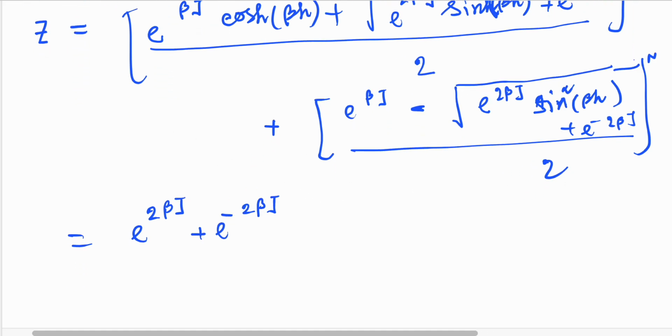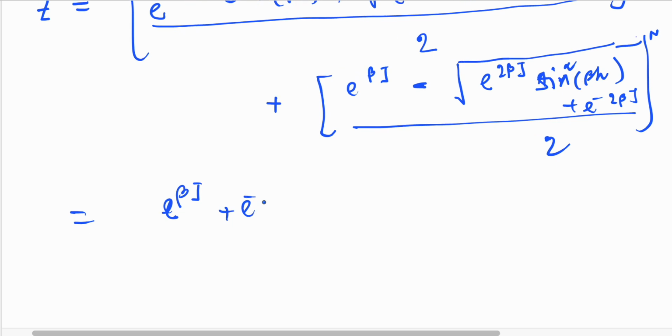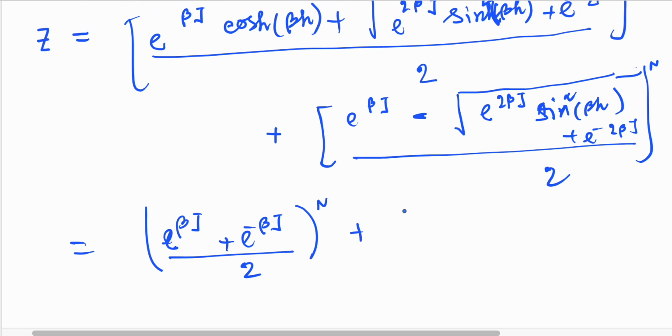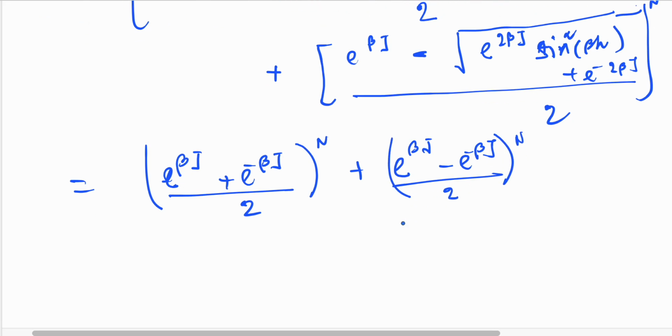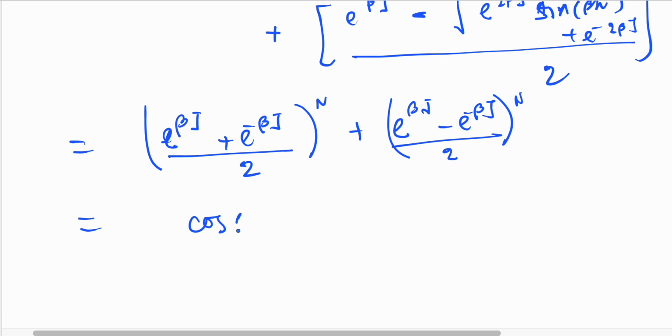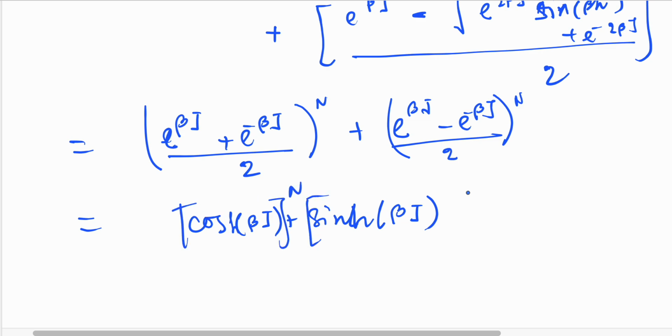That means e to the power beta j plus e to the power minus beta j by 2 to the power n plus e to the power beta j minus e to the power minus beta j by 2 to the power n, that is cosh beta j plus sinh beta j to the power n.